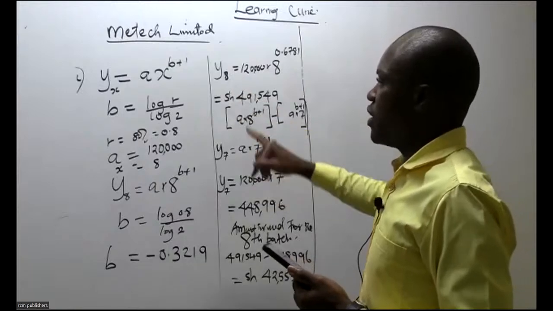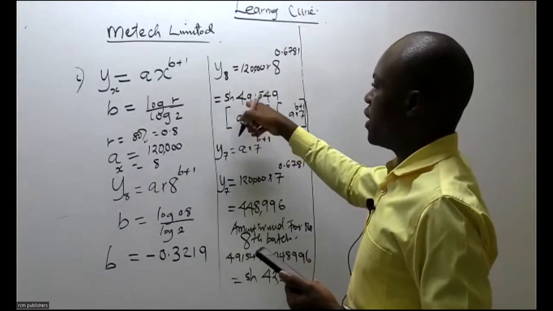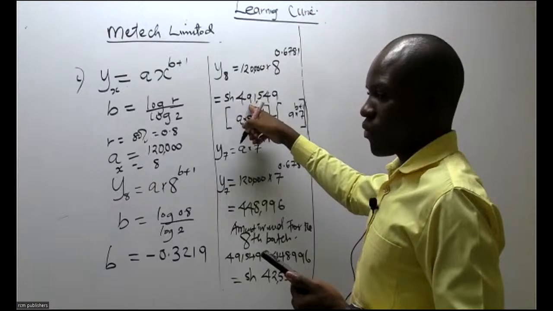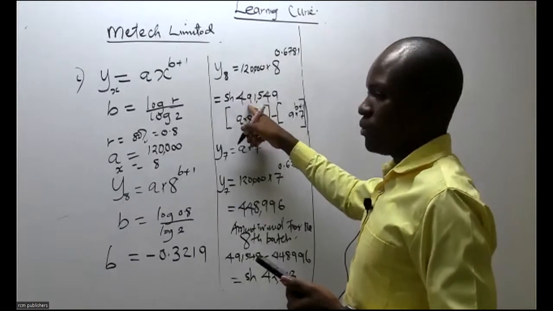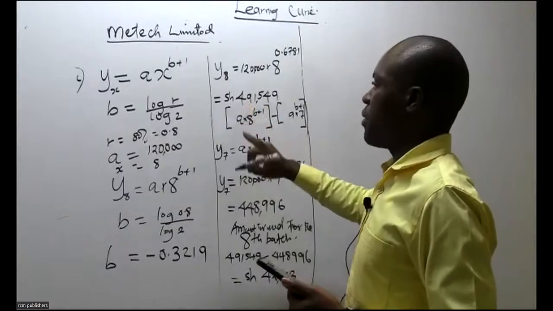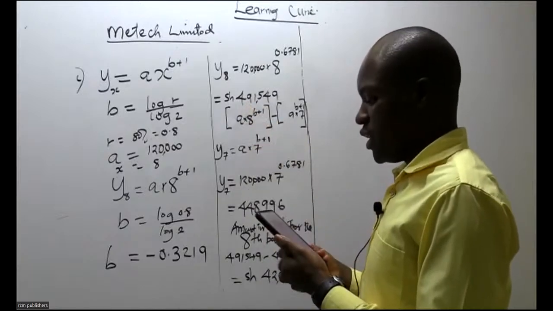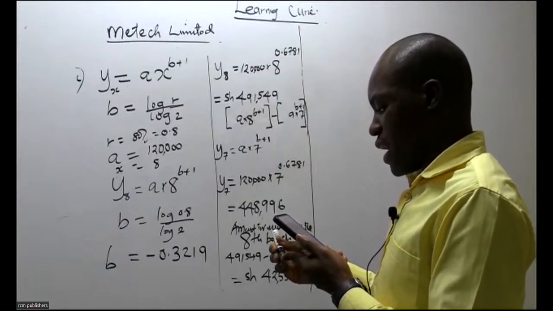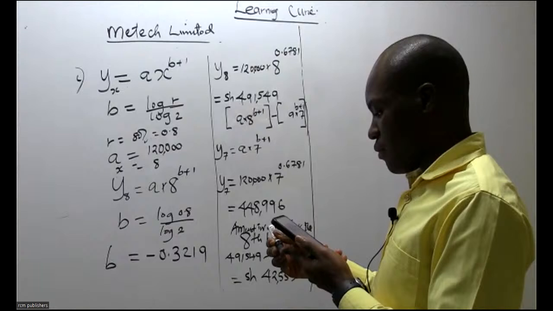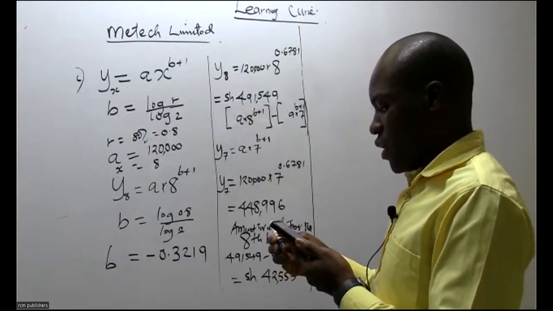And for the first 8 batches, you are going to incur this amount. That's number 1. Then look at that statement which they're giving us. There's a statement which we are being given in additional information number 3.